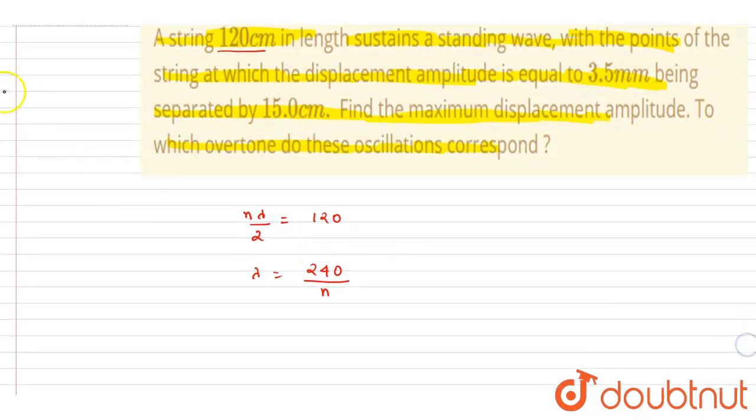And if you see here, at x equals 0, a displacement node will form. So I can write down the amplitude at a distance x. It is simply A sin kx. And k, we know, is 2π by λ. Put the value here.